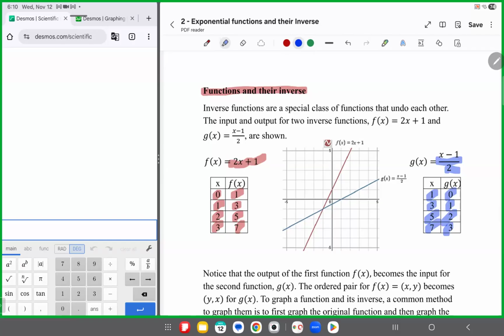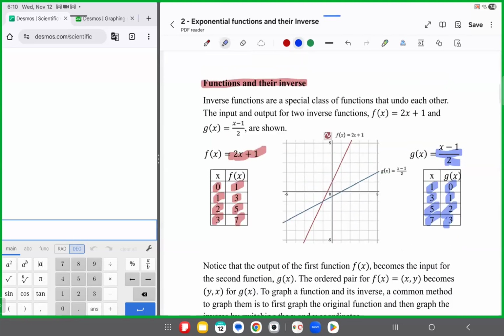You'll notice the inverse of the function appears to be the original function's coordinates swapped around. So the point (0, 1) becomes the point (1, 0). The point (1, 3) becomes the point (3, 1), and so forth. And indeed, that's what we mean by undo each other.